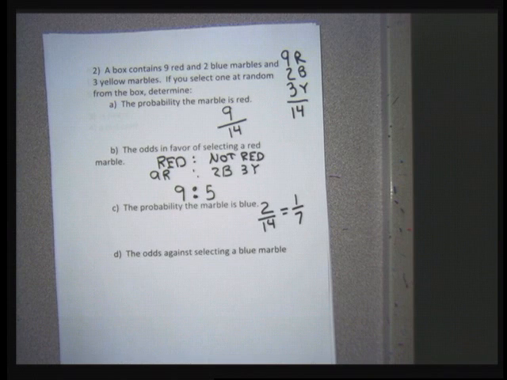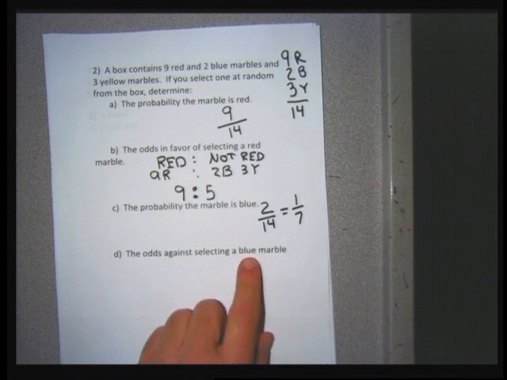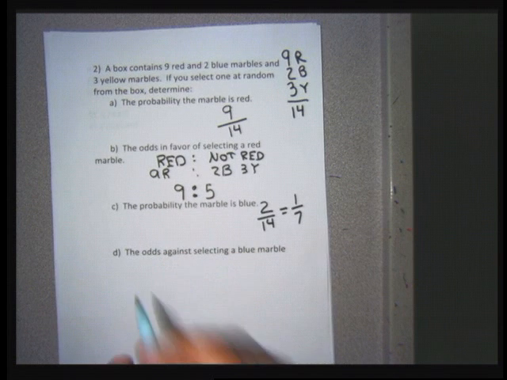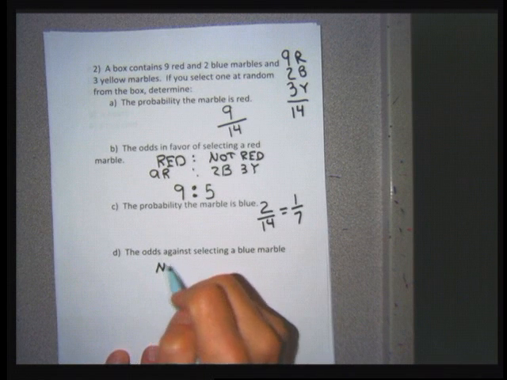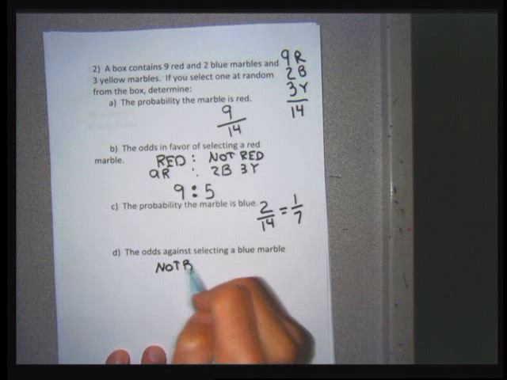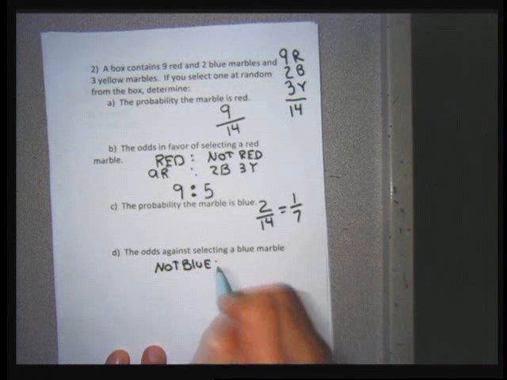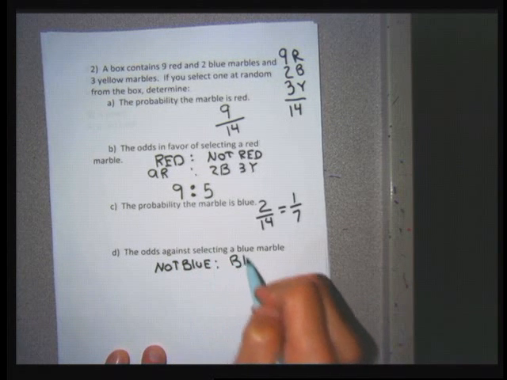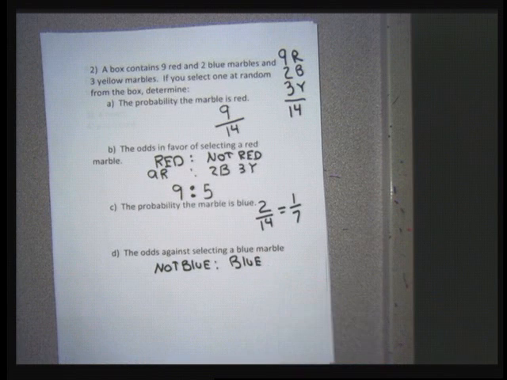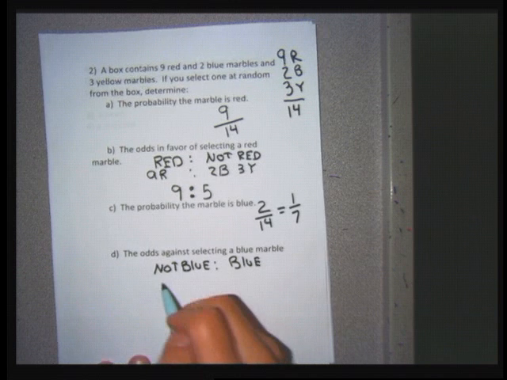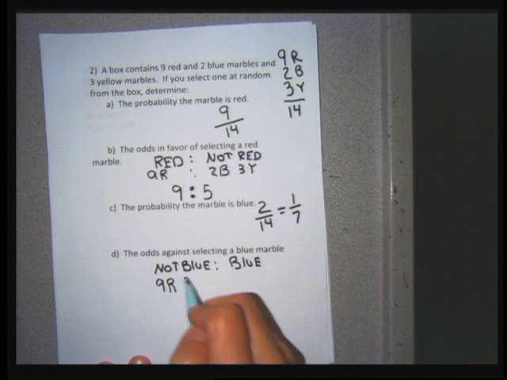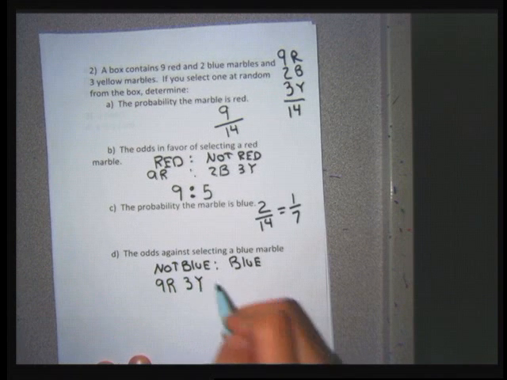Part D of number 2 is an odds, and it's relative to blue, and it's against. So I need to separate the sample space into the not blue marbles and the blue marbles. And because it's against, I do the not blue marbles first. And for the not blue marbles, there's 9 red and 3 yellow that are not blue.